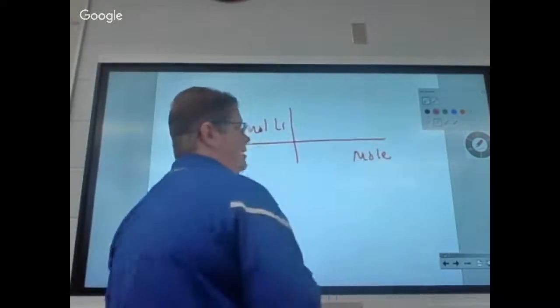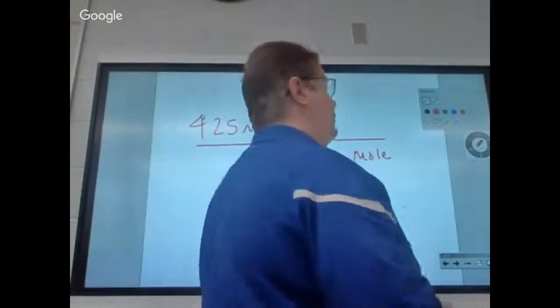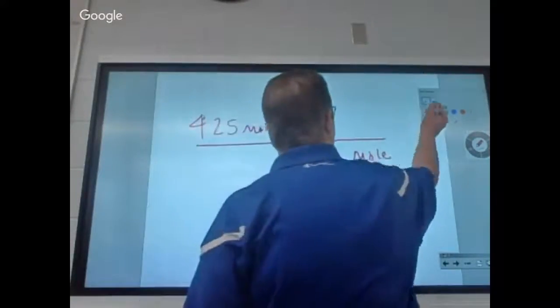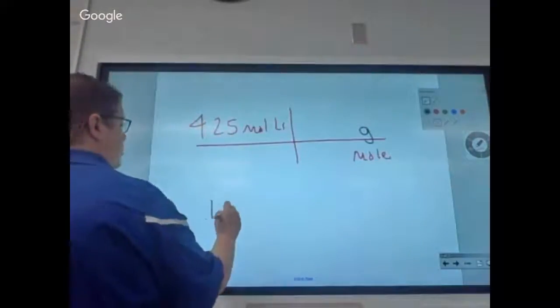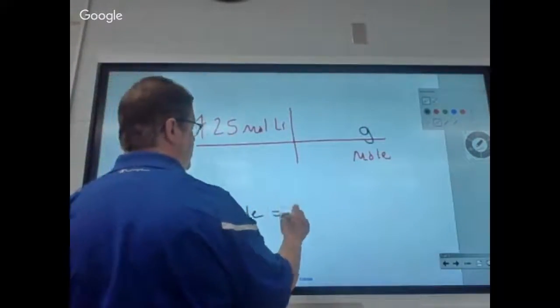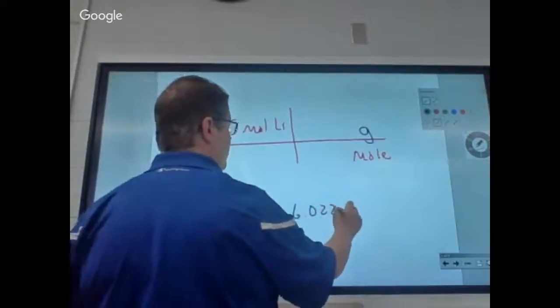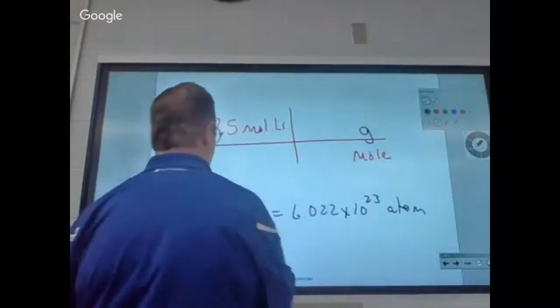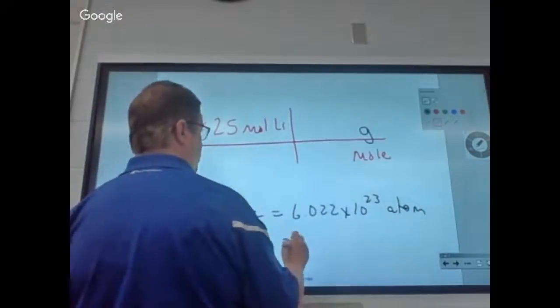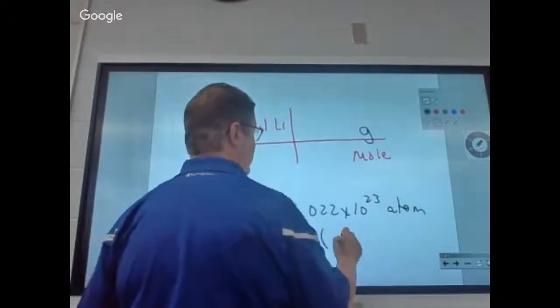And if it says mass, what are they asking us to find? They're asking us to find grams. We put grams on top. Now, the 2 conversion factors that we learned yesterday were 1 mole equals 6.022 times 10 to the 23rd atoms, and 1 mole equals grams, and we had atomic mass next to it.